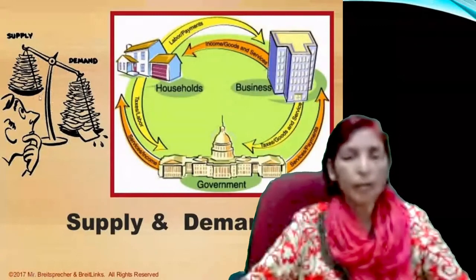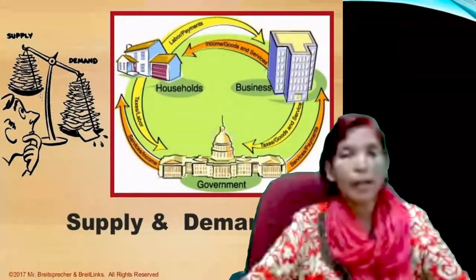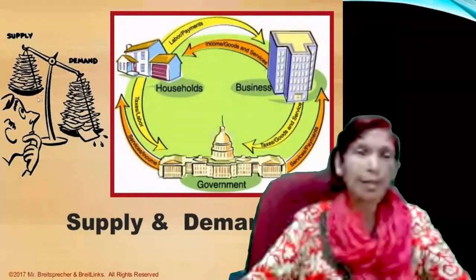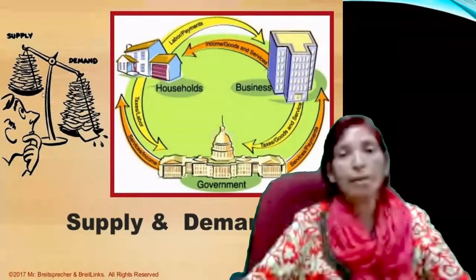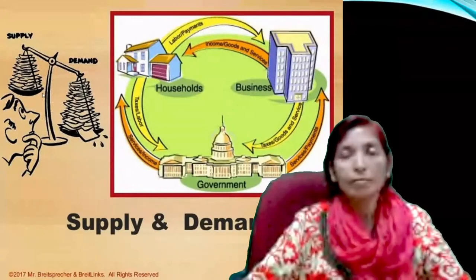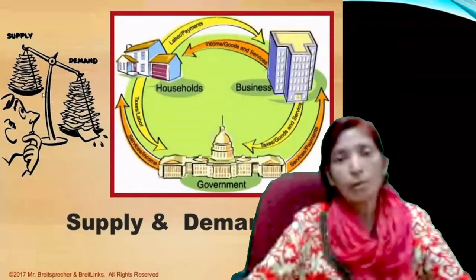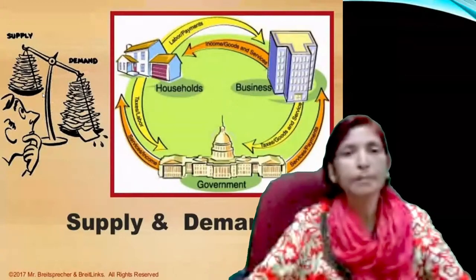For example, tomato price is increasing because demand is more, but the supply is less. When supply is more and demand is less, price will fall. But if demand is more and supply is less, then price will rise.